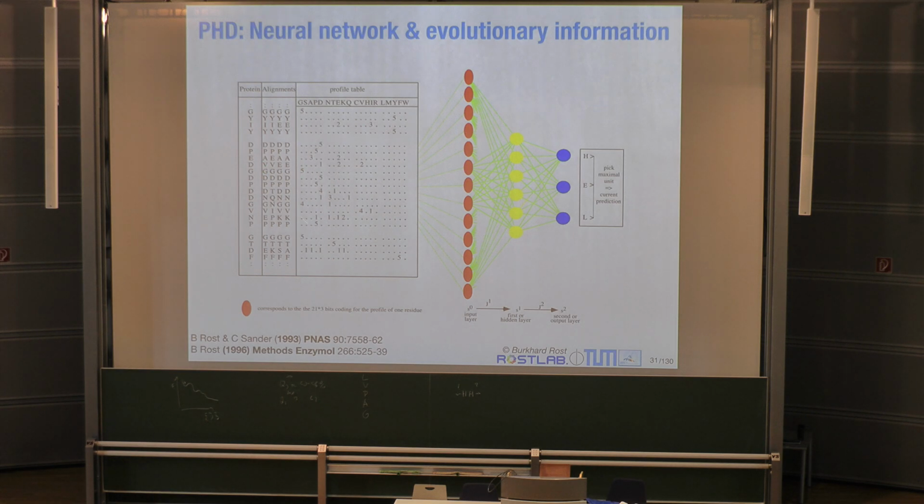So now, instead of having a one-hot encoding, where one is 1 and all the others are 0, I simply put the entire profile in here. So I put the probability, the PSSM, the profile, the position-specific scoring matrix, the thing that tells me that this particular D has a different probability than this particular D here.